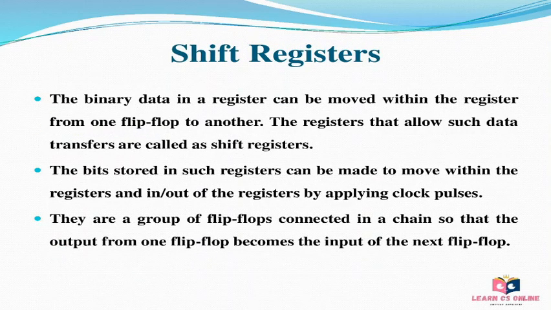Shift registers are registers that allow binary data to move from one flip-flop to another within the register. The data can be moved within or in and out of the registers using clock pulses.